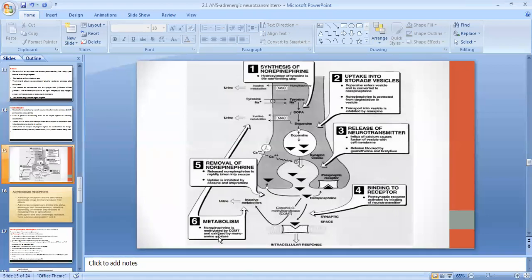This norepinephrine is methylated by catechol O-methyl transferase and oxidized by monoamine oxidase. Later on, after metabolism, removal of norepinephrine: this norepinephrine is rapidly taken back into the neuron, and this uptake is inhibited by cocaine and imipramine.